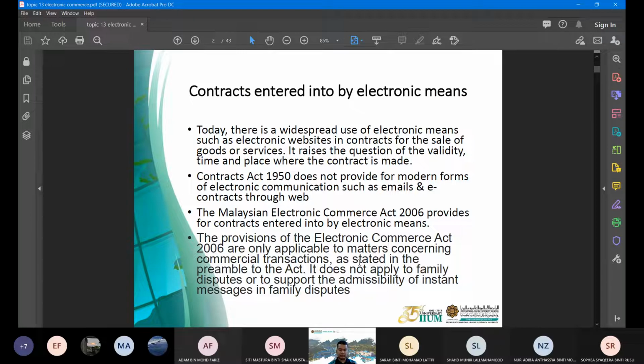A lot of people do this, isn't it? They ask you to read, but then you scroll, and later on you discover that there were certain terms which are not favorable to you, and there are cases where they try to argue before the court that these terms are not binding on them because the service provider didn't bring this to their attention, especially like credit card products.